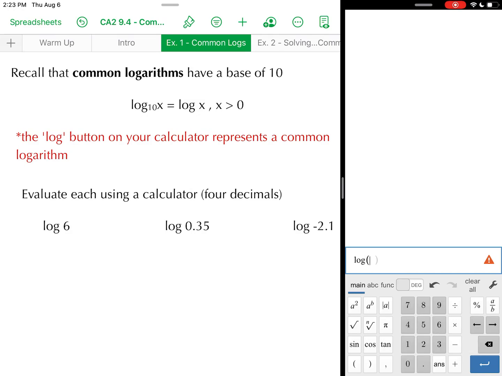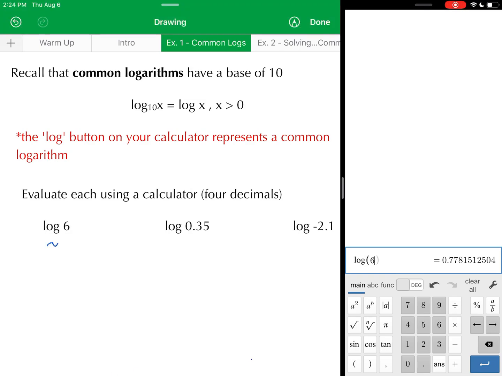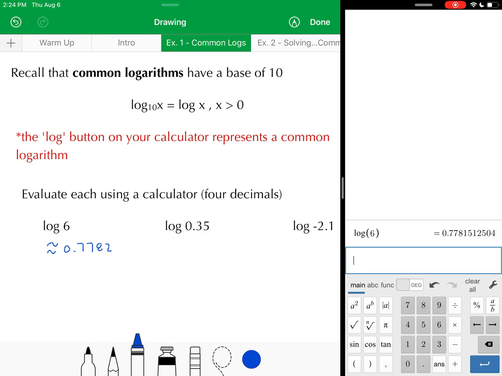Now, before I do that, think about what this is asking. Log 6 means 10 to what power is 6? It's got to be a number smaller than 1. Approximately 0.7782. Next, we've got log of 0.35.